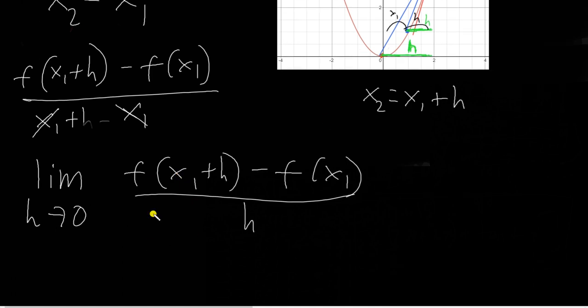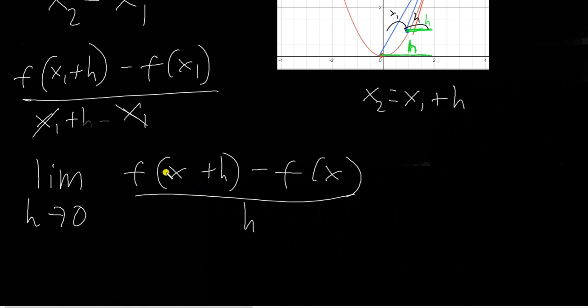Because I'm saying, what happens to the slope as the distance between the coordinates, h, approaches 0? As x1 and x2 become the same point, as they get closer and closer together, what happens to the slope? And I'm just going to do one more thing here. Since there's only one x, not an x1 and x2, I'll just remove the 1 and call this an x.